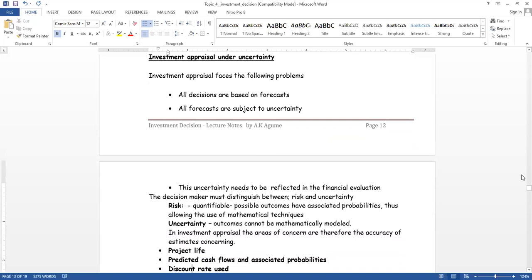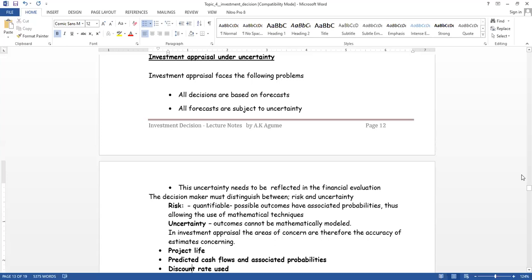And these forecasts sometimes are subject to uncertainty. Now, like there is COVID, nobody knew that there was going to be COVID. You could have maybe planned to do something, and you made your projections, but you find that maybe what you had projected, you've not been able to realize it because of COVID.